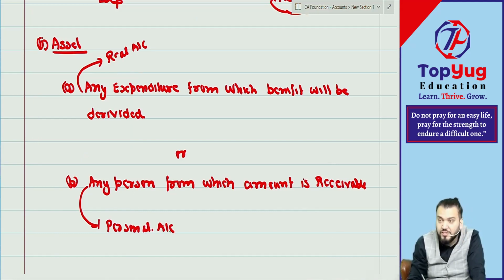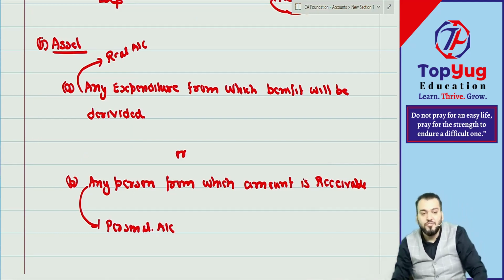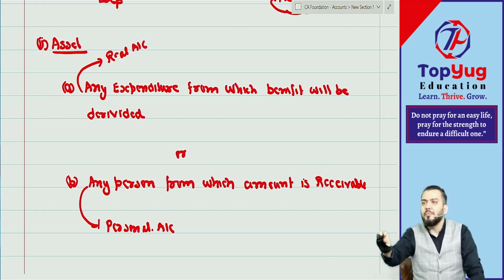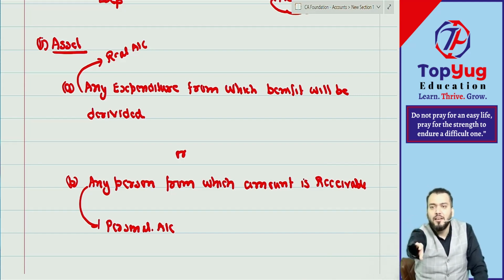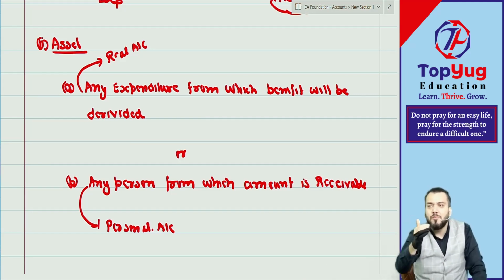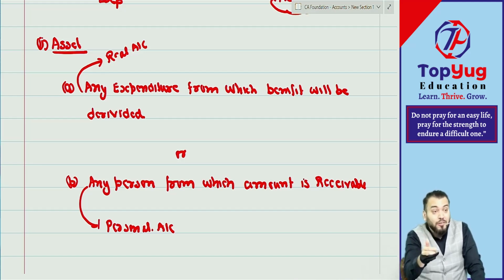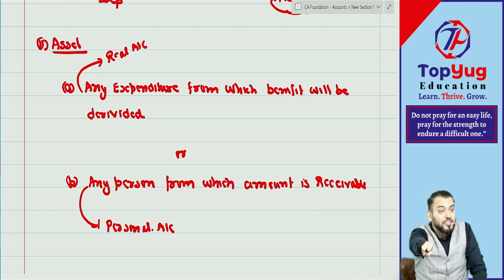Are you able to understand? Suppose just try to understand. I have deposited some amount in a bank. Is bank a person or not? So can you say some amount is receivable from the bank? That amount is receivable from an artificial person. Bank becomes an asset for me.